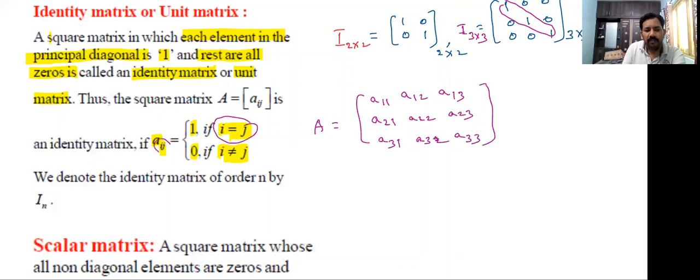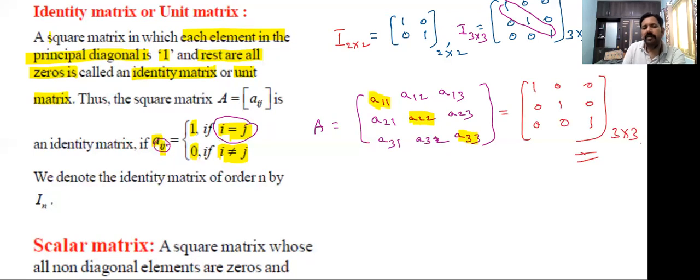In the suffix, whatever is there, both are equal. This should be 1, this should be 1. In the remaining places, each and every element is 0. That means we can write 1, 0, 0, 0, 1, 0, 0, 0, 1. This is the identity matrix of order 3 by 3. That is the meaning of this.